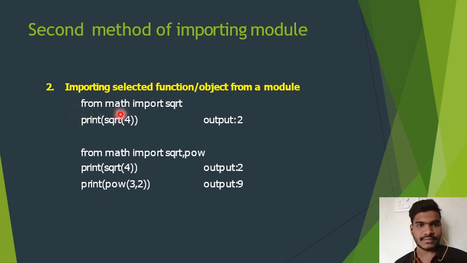From the math module we are importing sqrt, and importing from math import sqrt and pow. Print sqrt of 4, output is 2, and print pow of 3 comma 2, where 3 is the base and 2 is the exponent.